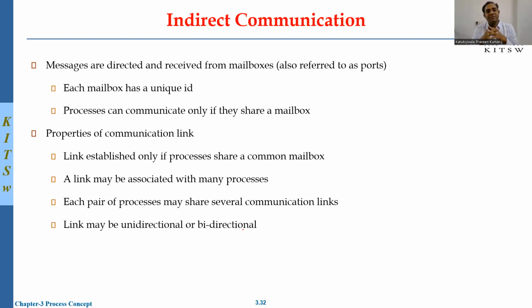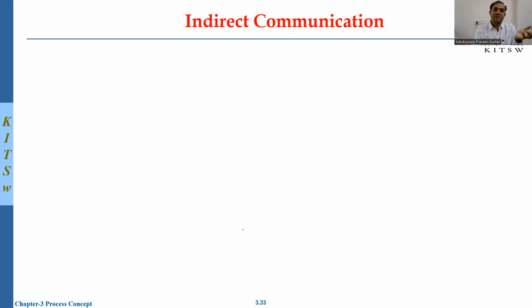The properties of this link: a link is established only if processes share a common mailbox, and a link may be associated with many processes. Many processes can send messages to one mailbox. Each pair of processes may share several communication links, and again the links may be unidirectional or bidirectional.